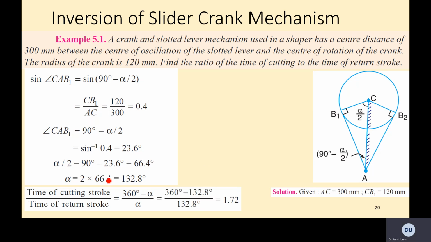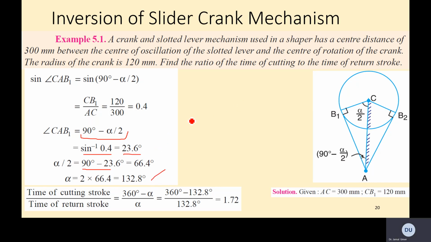Sine inverse of 0.4 gives 23.6. So now we are left with 90 minus alpha by 2; you bring this 23.6 over there, with a minus sign, and then solve for alpha to find the angle.